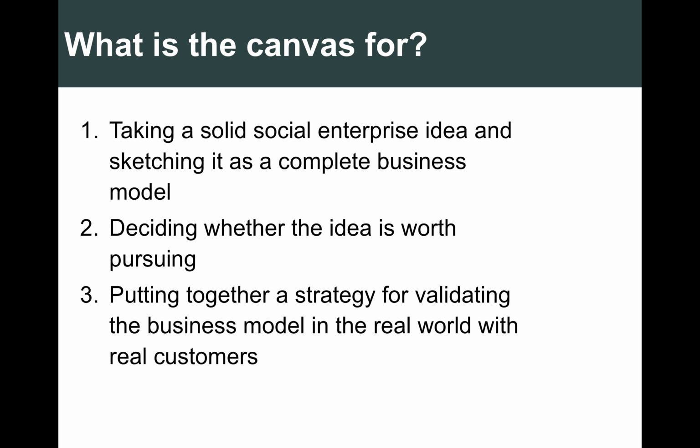So it's not just a product or a service or a problem that you want to solve. It's actually a complete business model that has all the fundamental components that will need to work in order for it to be successful.